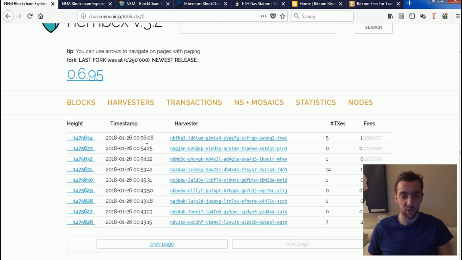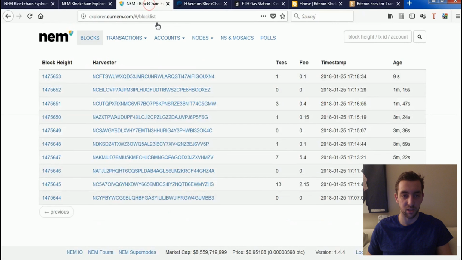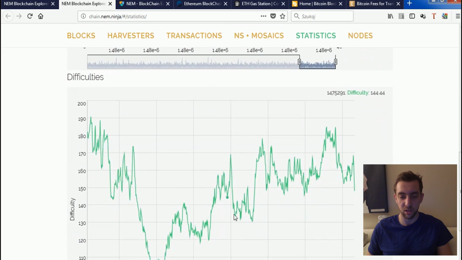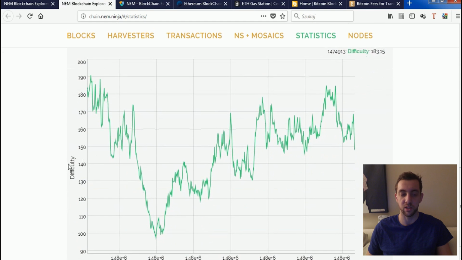So it's a pretty long time. The median in the NEM blockchain is 1 minute. So every 1 minute, here is the chart, we have a block, and it depends of course on the difficulty of mining this block.